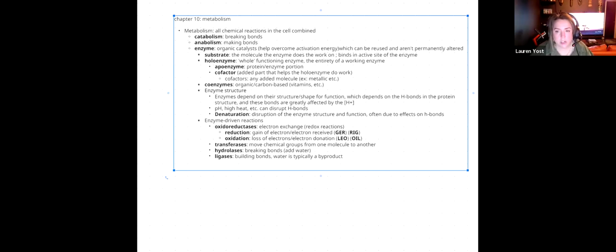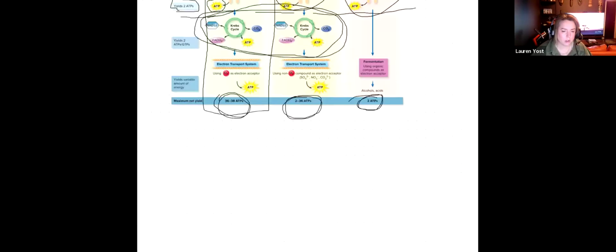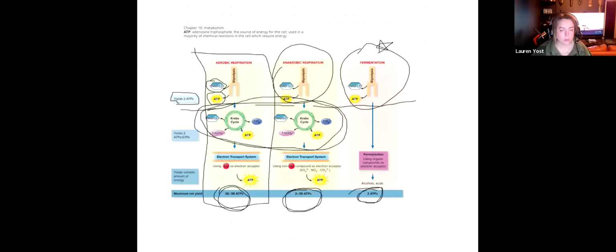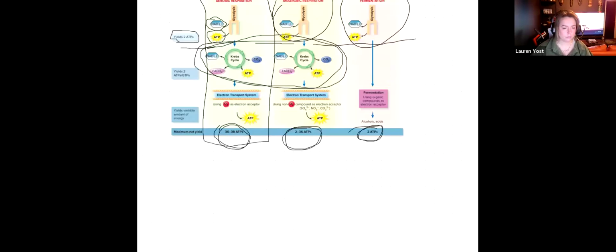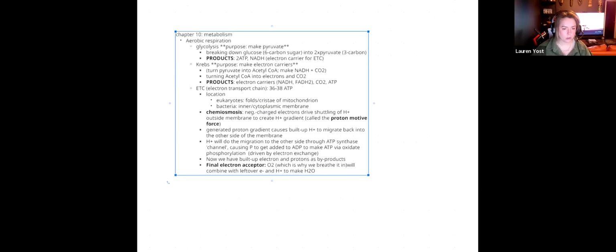Okay, and then we had fermentation, which we kind of already touched a little bit on. So I'm probably not going to go over that one too much. I feel like the big point of fermentation is just understanding that it's just glycolysis over and over again, but we'll talk a little bit about it.